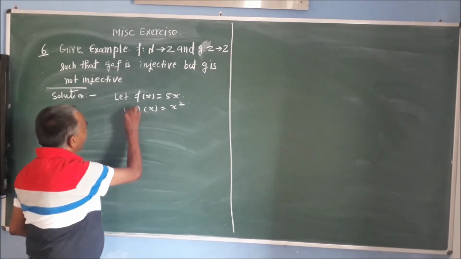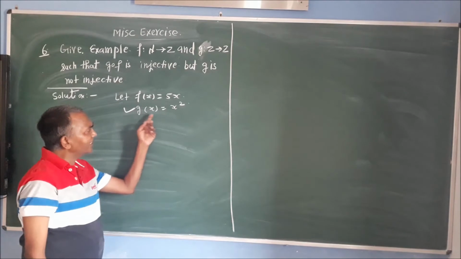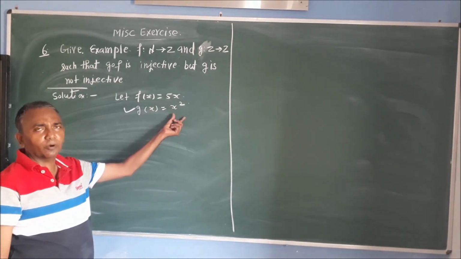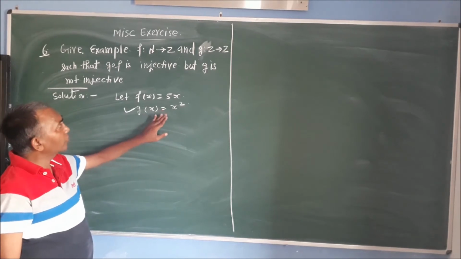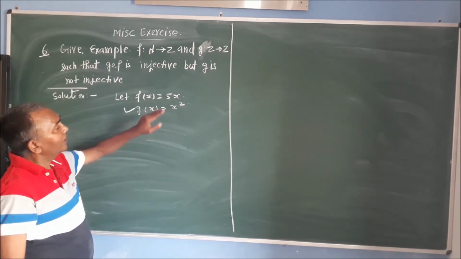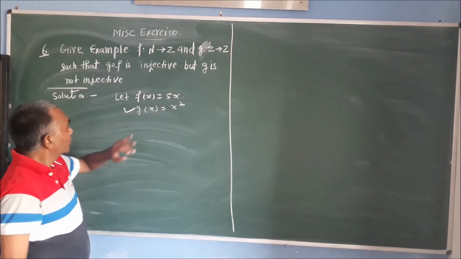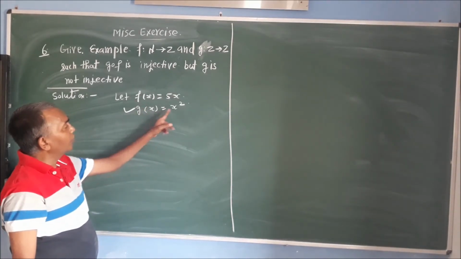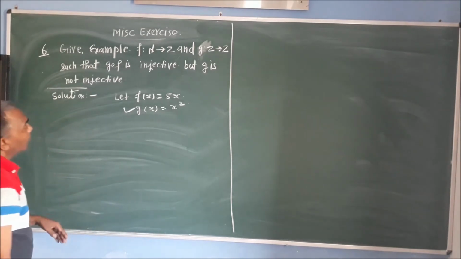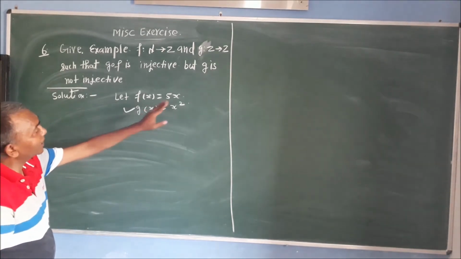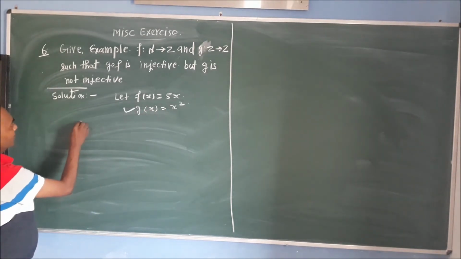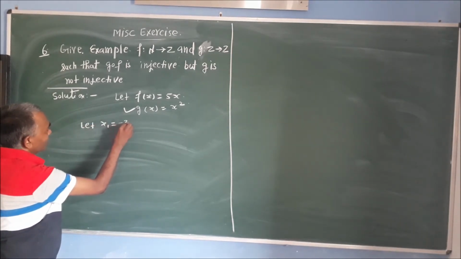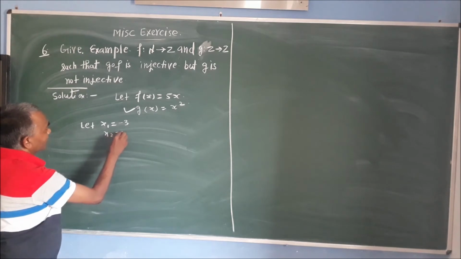The main point is how we can take g(x). If we take g(x) is equal to mod x, you can also solve the problem, because mod x is also not one-one in the case of Z to Z. Here in your NCERT books, g(x) is mod of x. Check here what happens if I take g(x) as x square. Let x1 is equal to minus 3 and x2 is equal to plus 3.